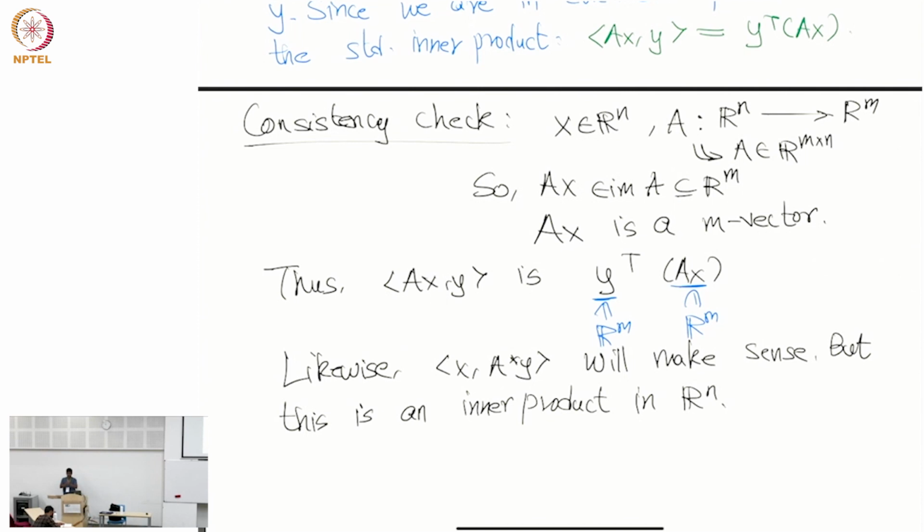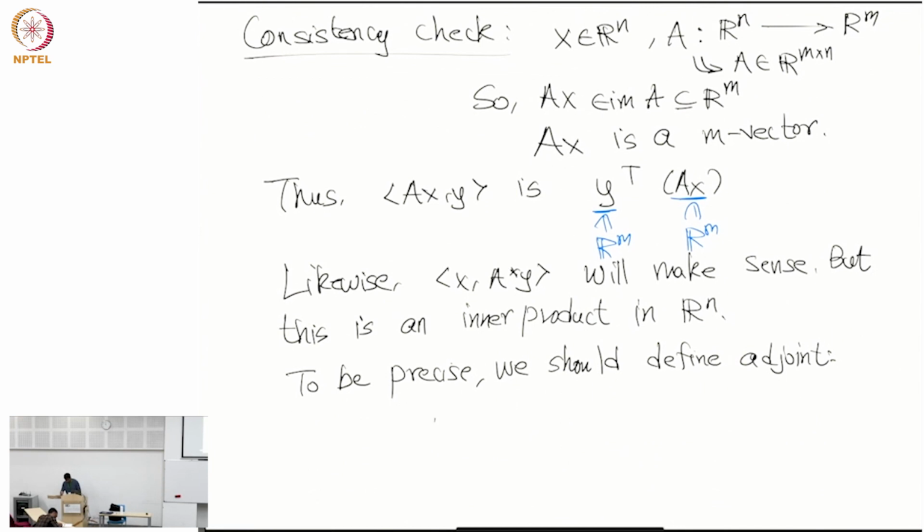So to be precise, we should define the adjoint as requiring this equality: Ax comma y, an inner product in Rm, equals x comma A star y, in Rn. Okay, so it's important to note those are two different inner product spaces.